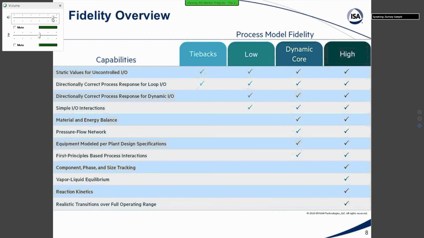So that's all you're able to achieve with FOPDT models, and that's because they can only be attached to some control variable somewhere. So as we move forward, if we wanted to increase this fidelity, we're going to talk about that next.